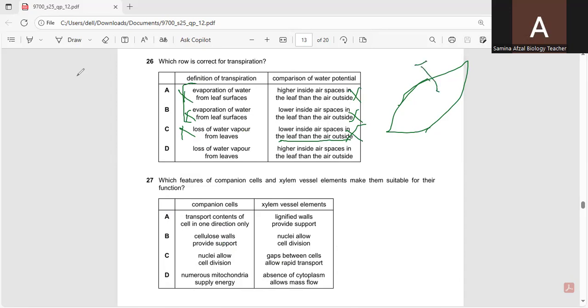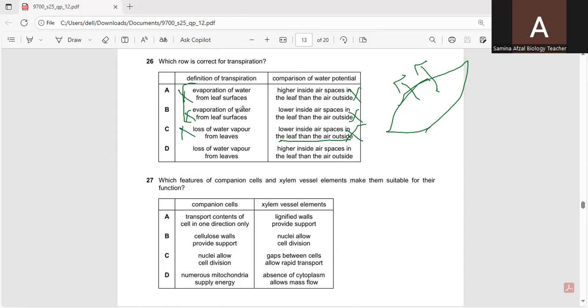Water is higher inside, so it will move outside. Because of the transpiration pull, water potential will be higher inside, due to which the water will be lost into the air.